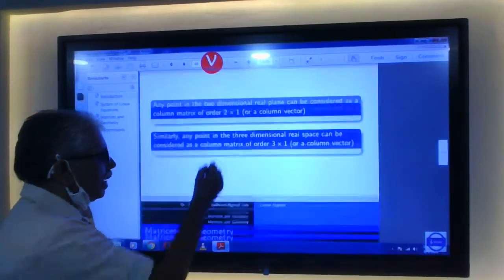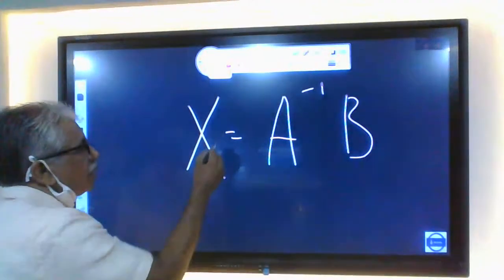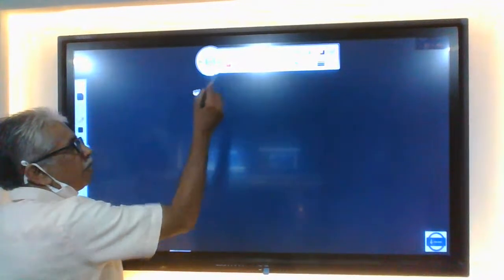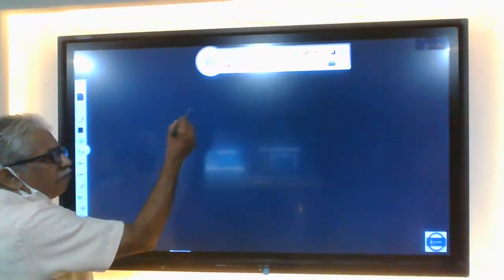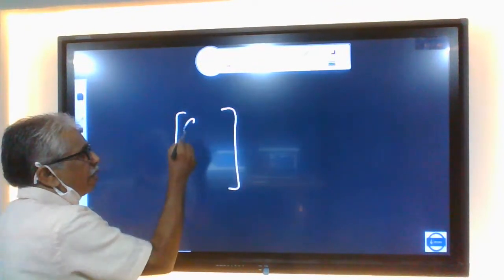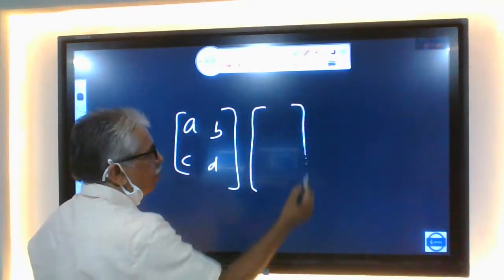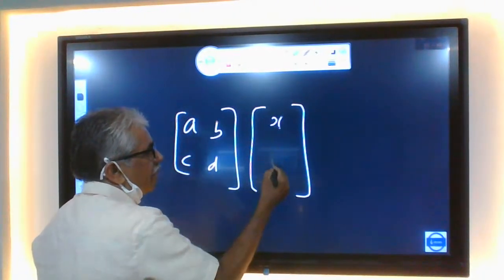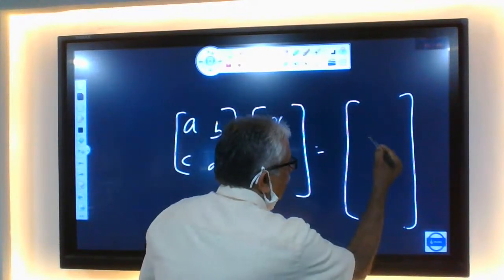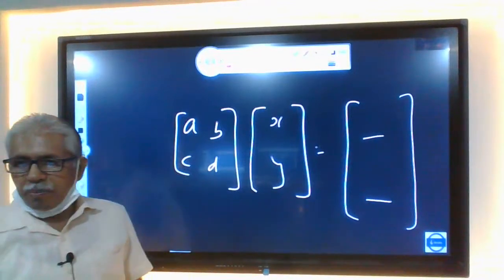And again, if you have a 2 by 2 matrix multiplied to a 2 by 1 matrix, that is a, b, c, d multiplied to some x, y, you will get one element in the first row and one in the second.